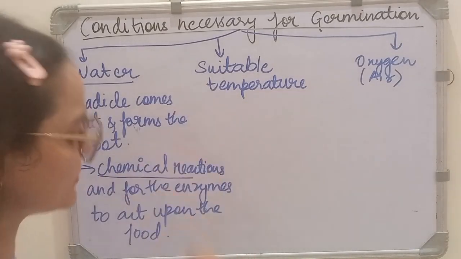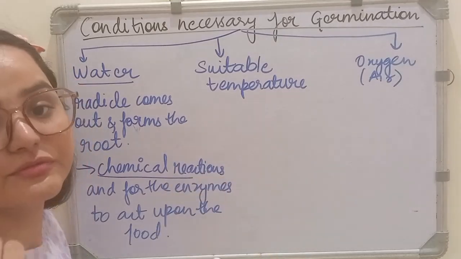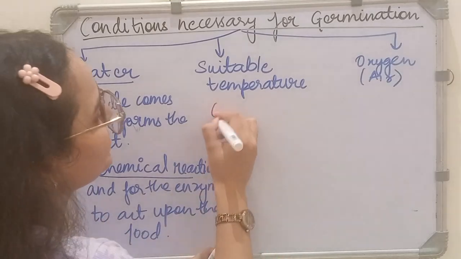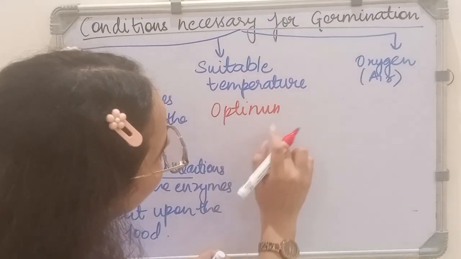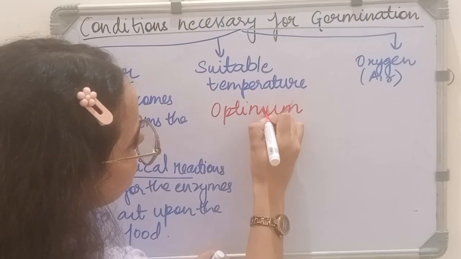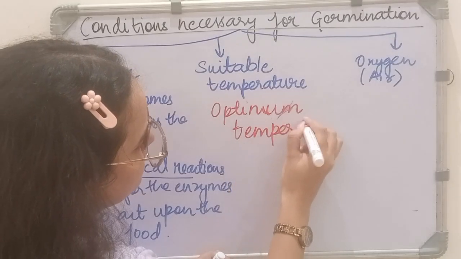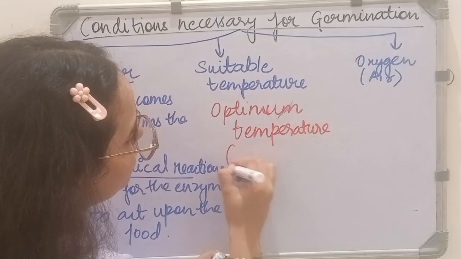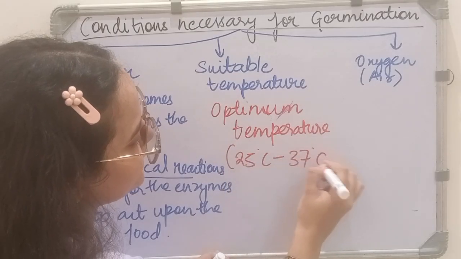Now, suitable temperature. For germination, we require an optimum temperature of 25 degrees Celsius to 37 degrees Celsius.